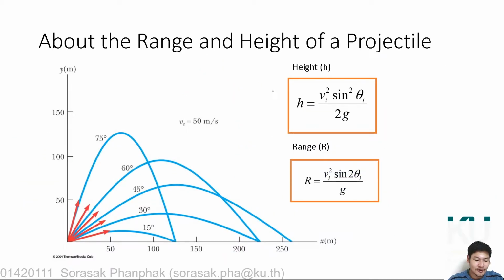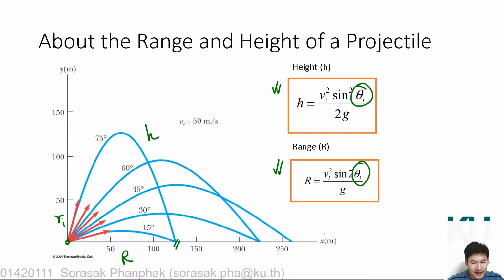As a result of the solution from the height and from the range, you can see the effect of projectile motion in symmetry that has the same initial velocity from the ground. If you have a different angle here, it corresponds to a different range and also a different height as well.